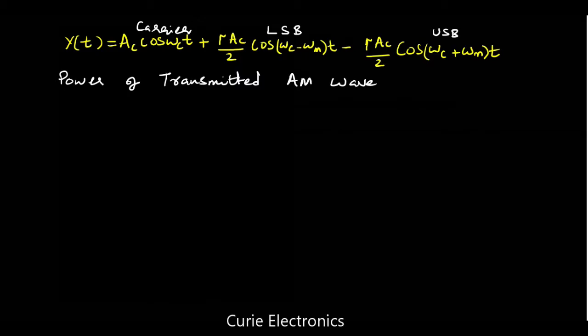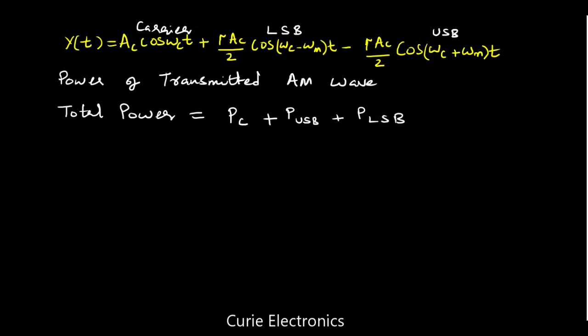So total power equals carrier power, that is Pc, plus power of upper sideband plus power of lower sideband. Now whenever we have a wave like Ac cos omega c t or Ac sin omega c t, it is like a simple harmonic motion.